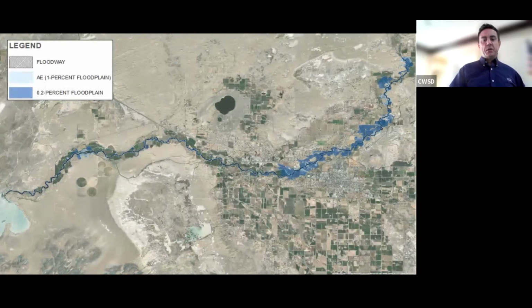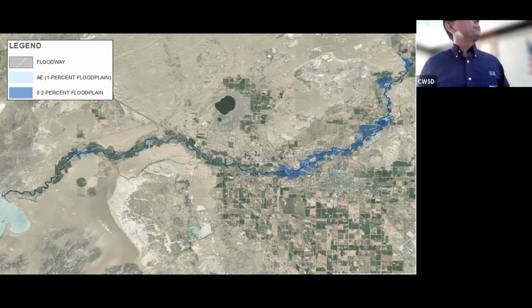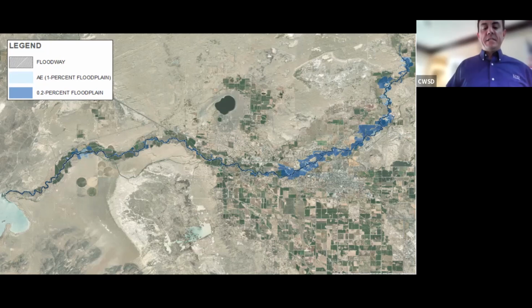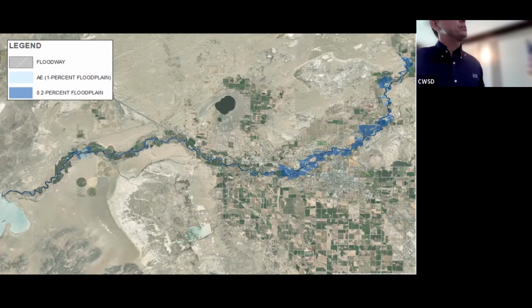And I can show you, if you remember back from the previous study, the darker blue in this picture, and I know it's hard to see, that darker blue was basically the 100-year floodplain in the existing study. That's now the 500-year. So the floodplain widths were much reduced in this study.